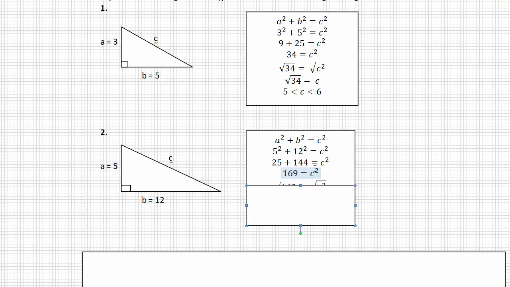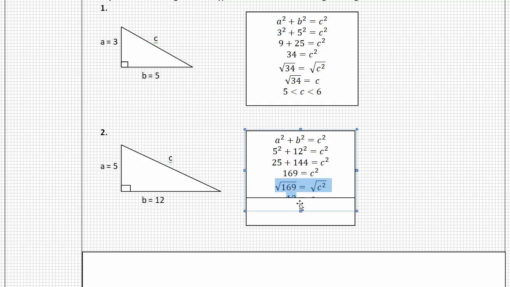Again, since we want to undo this square value to find out just what C is, we need to take the square root of both sides. Take the square root of 169 and C squared. What number times itself equals 169? And I will tell you this is a perfect square value, so it will have an exact whole number value.